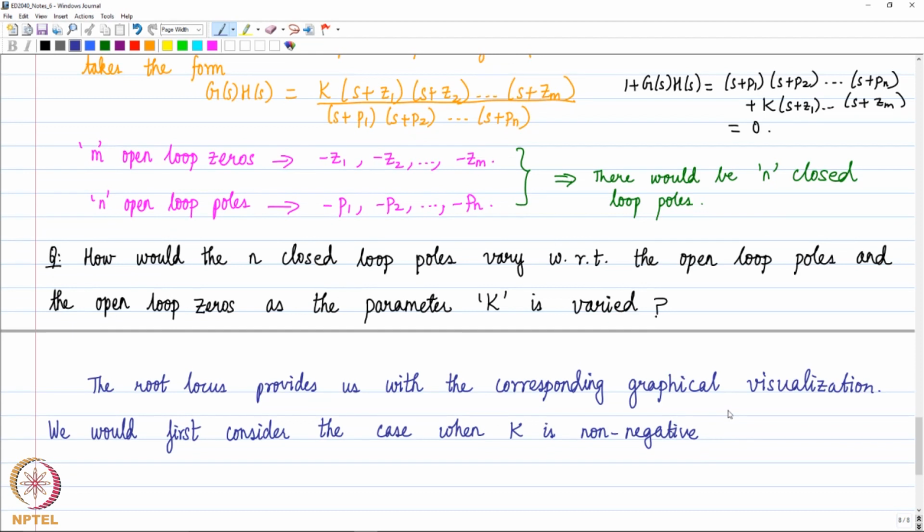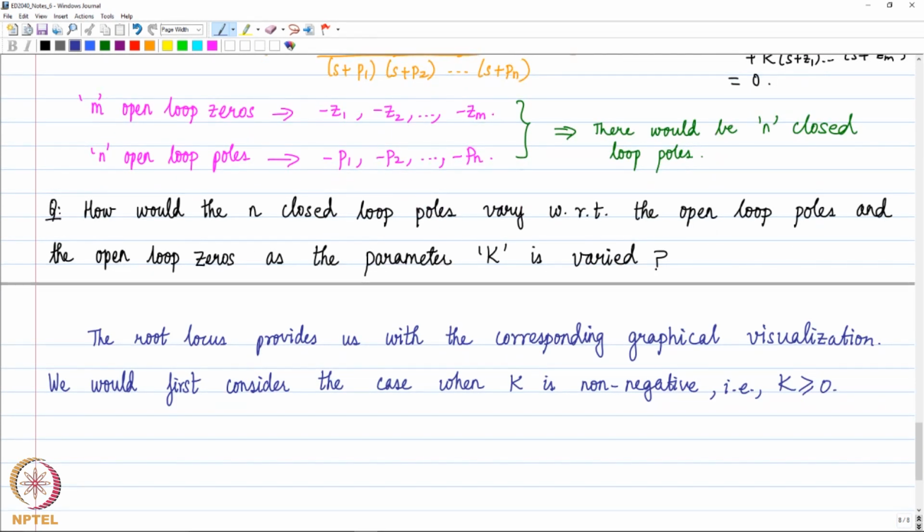We will go one case at a time. That means k is greater than or equal to 0. Of course, strictly greater than 0, because equal to 0 doesn't make sense. So k should be a positive parameter, but we will take the limit also. Essentially, what happens when k goes from 0 to infinity. That's what we are going to look at first.